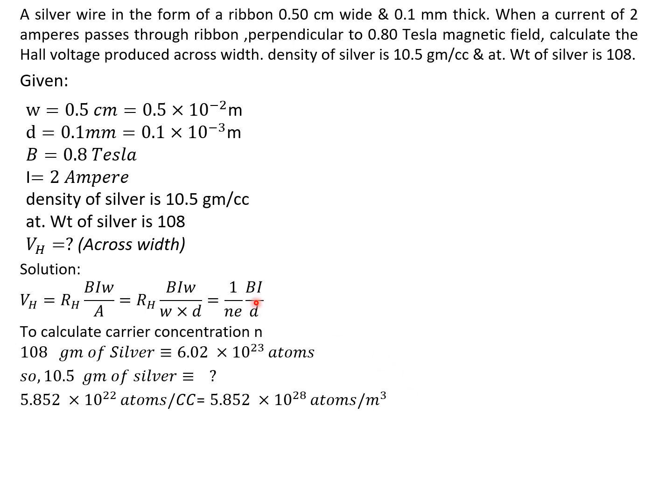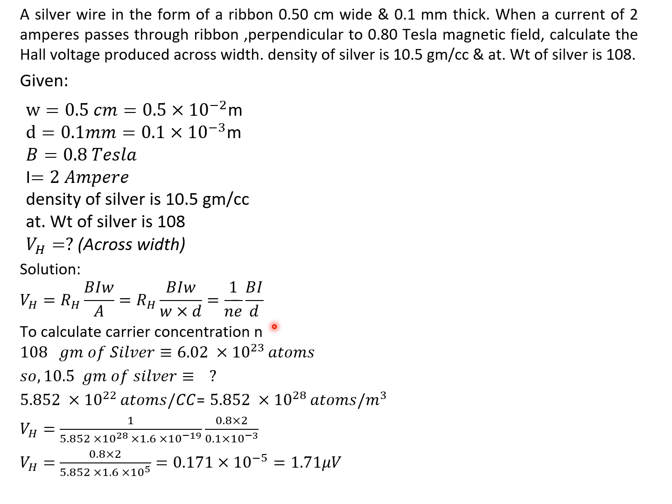Now everything on the right hand side is known. e is known, B, I and D are given to us. So we put the values in the formula and calculate the Hall voltage. Putting all the values, we arrive at the answer. Hall voltage across the width comes out to be 1.71 microvolts.